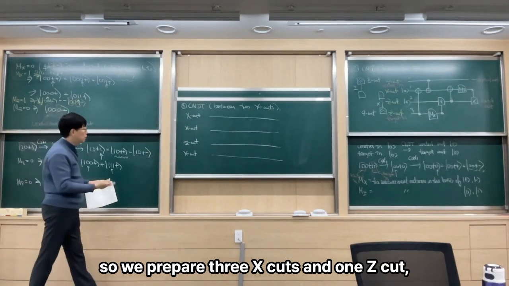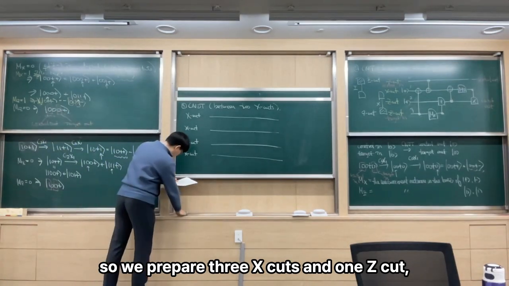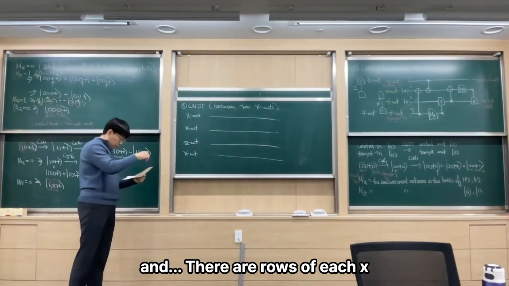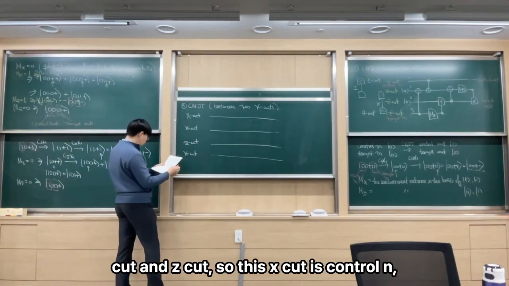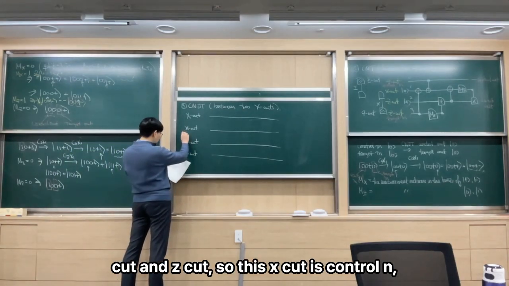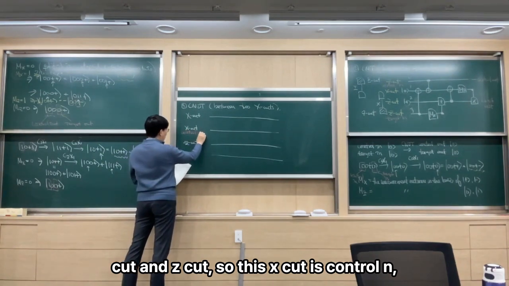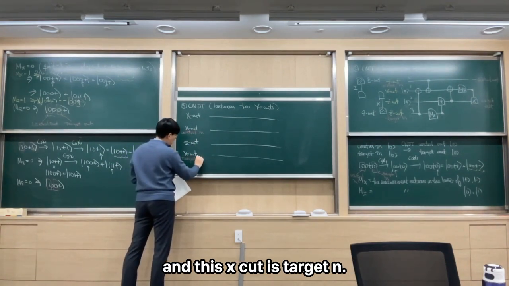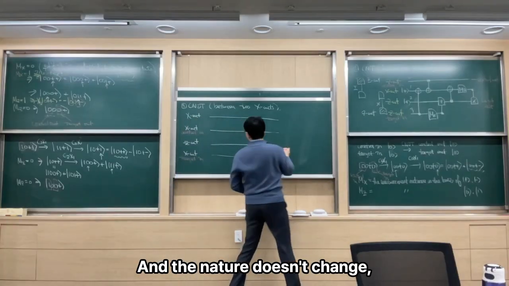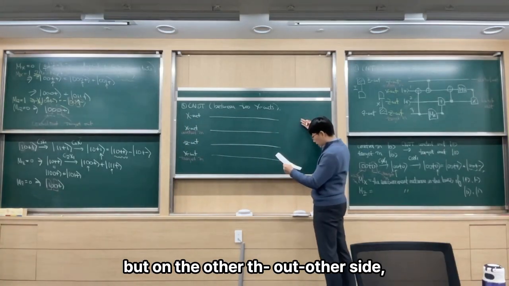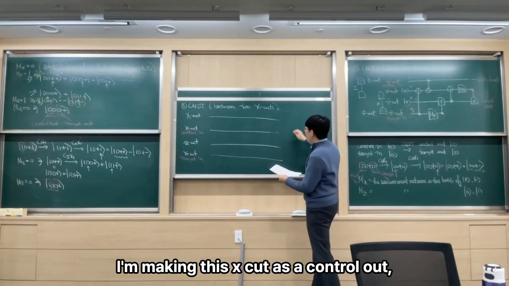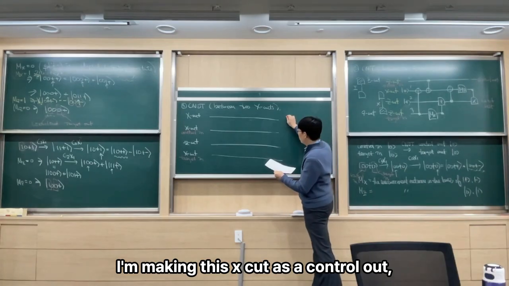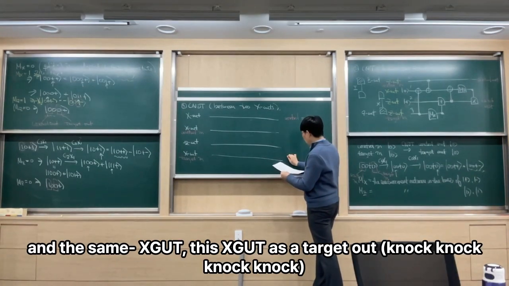So we prepare 3 X-cuts and 1 Z-cut, and there are roles of each X-cut and Z-cut. So this X-cut is control in, and this X-cut is target in. And the nature doesn't change, but on the other side, I'm making this X-cut a control out, and this X-cut a target out.